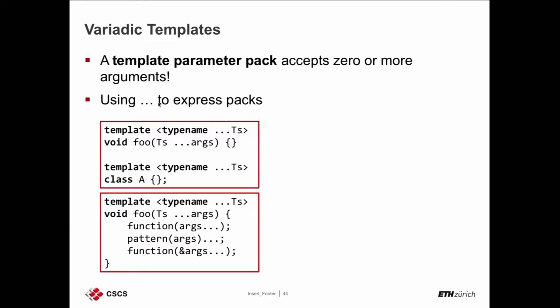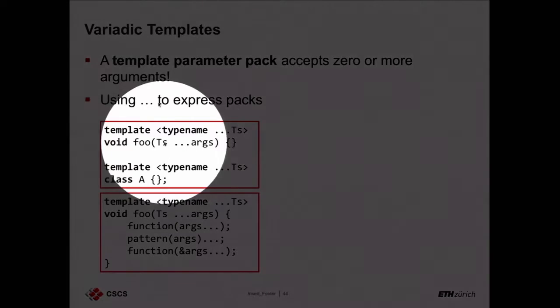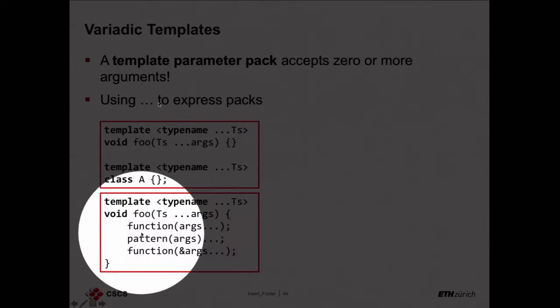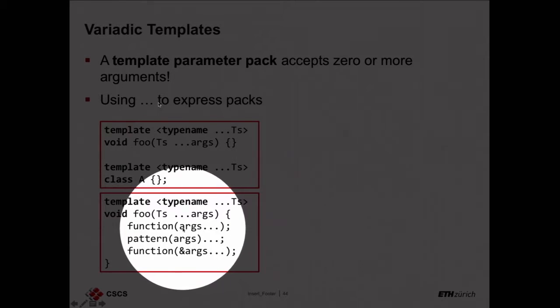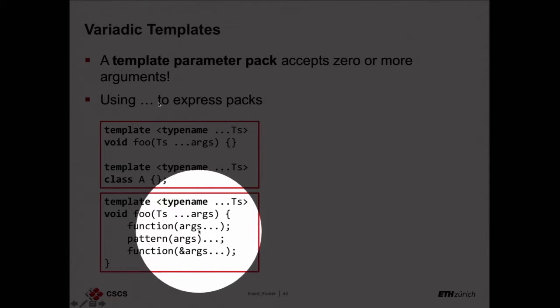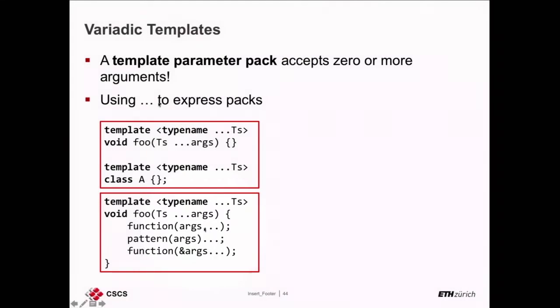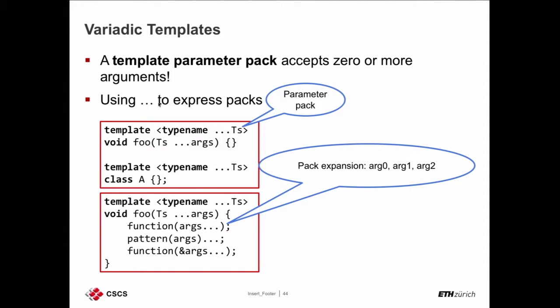What you can do with these args in the function is that you can actually call another function with these args. You put the dots after the args and you expand that list, right? So Ts is called a parameter pack, and this is called pack expansion.